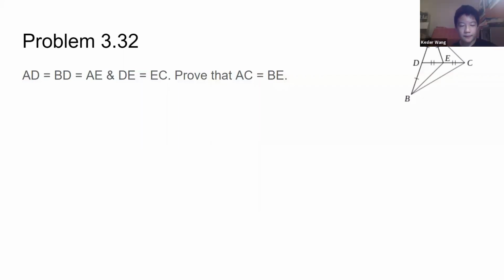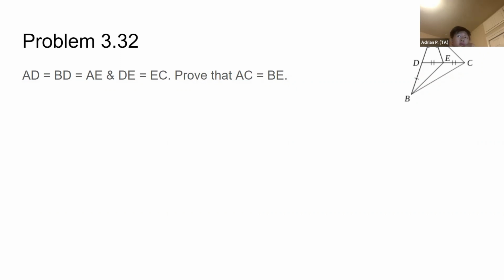Okay, you're on the right track. So you have those two sides equal. If you see here, angle BDE is supplementary with ADE, right? And since ADE is equal to AED, because triangle ADE is an isosceles triangle, that's how we prove angle AEC is supplementary to AED.